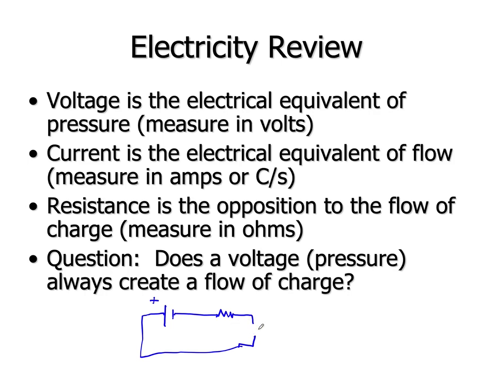But unless you've got a really crazy large pressure, normally electricity doesn't flow through air because air has a very large resistance. So the only time you get a flow is if you complete the circuit with a wire here, and now current flows around the circuit. Just like with water, even though you've got a pressure, there's no flow of water until you open up the tap and allow it to flow down the drain.